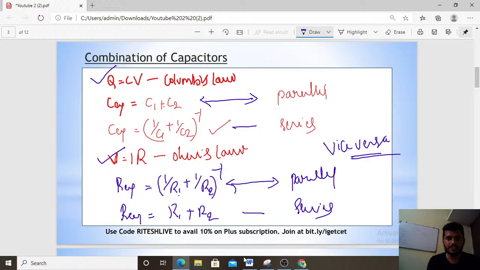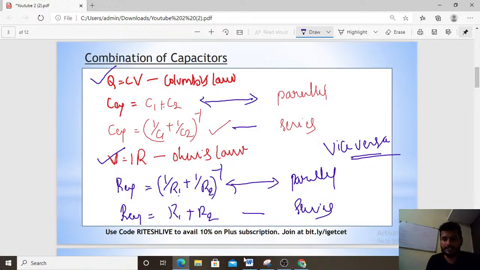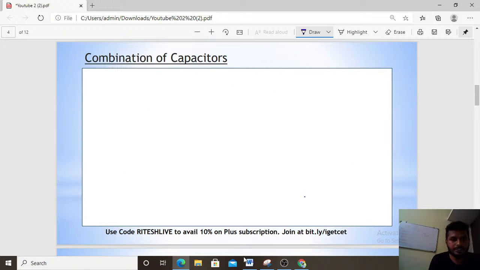So let me start. Should I derive it? C equivalent is C1 plus C2, and R equivalent is R1 plus R2, right? I have derived C equivalent in previous sessions, but I have not derived R equivalent, so I will derive it for resistance. First I will take the condition when it is in parallel resistance.